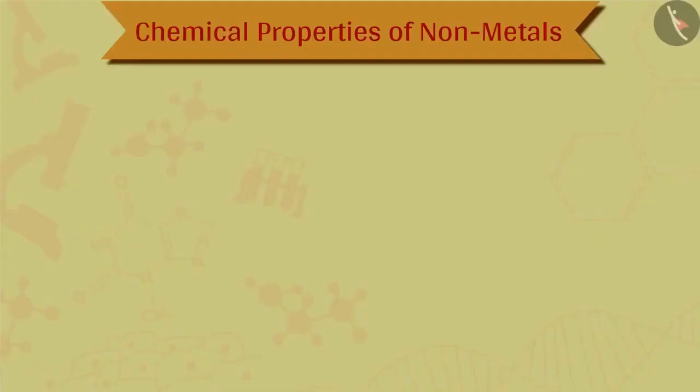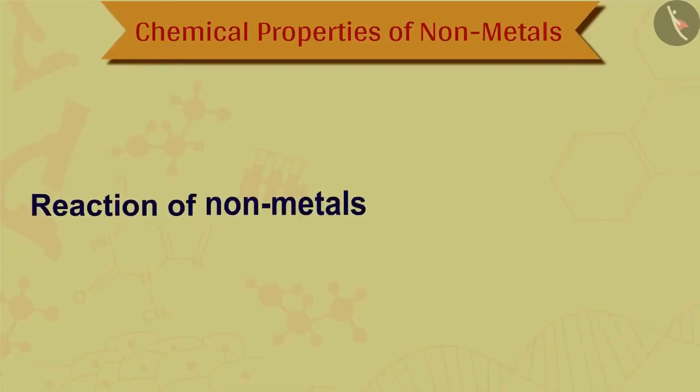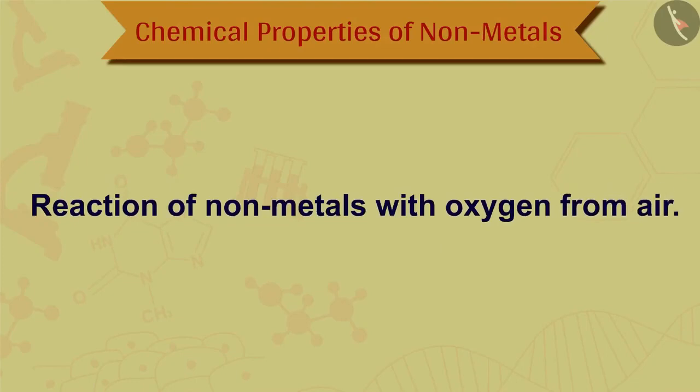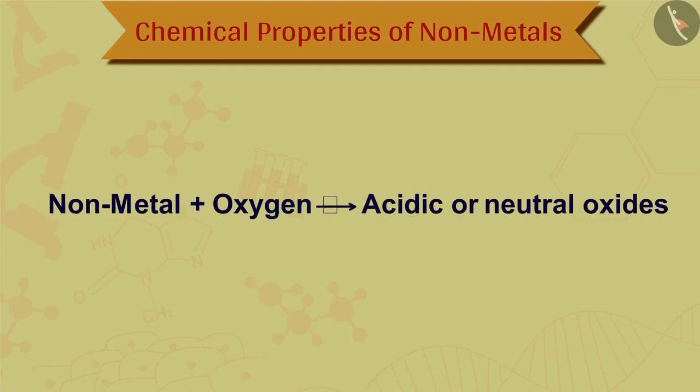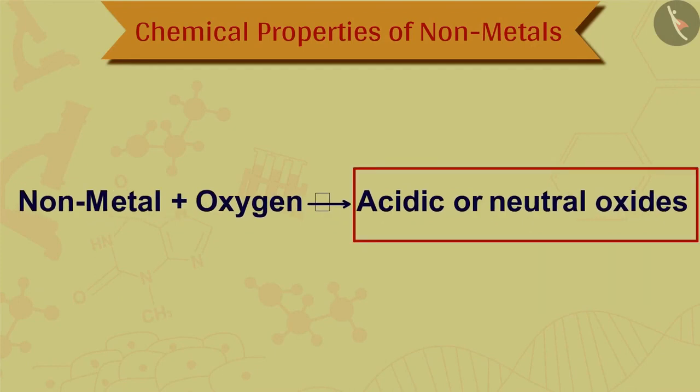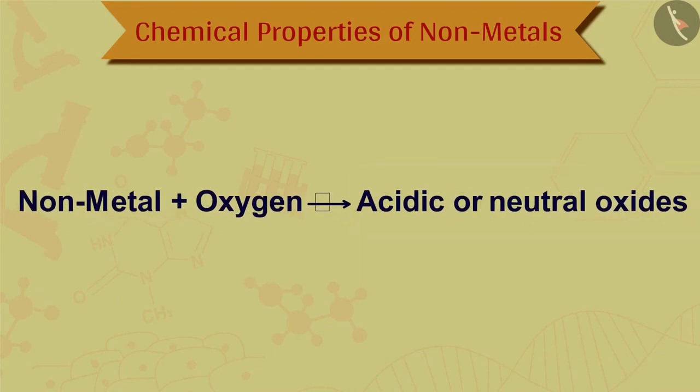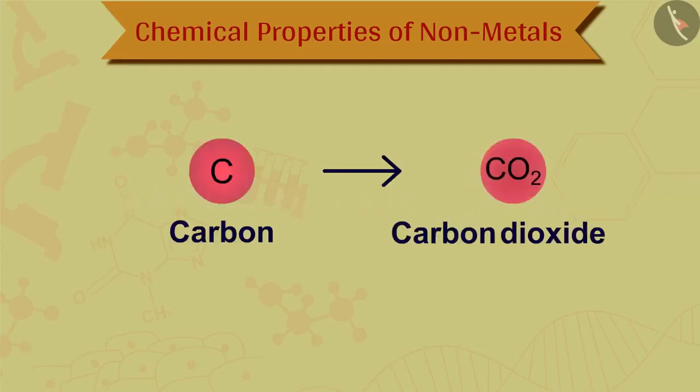The first chemical property of nonmetals that we are going to discuss is reaction of nonmetals with oxygen from air. Nonmetals react with oxygen to form acidic oxides or neutral oxides. Carbon forms an acidic oxide, carbon dioxide.